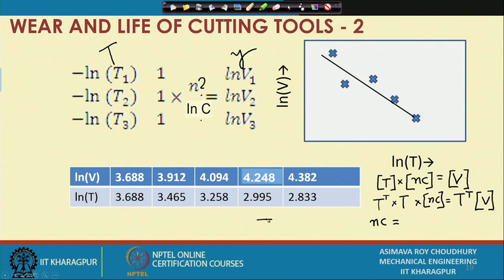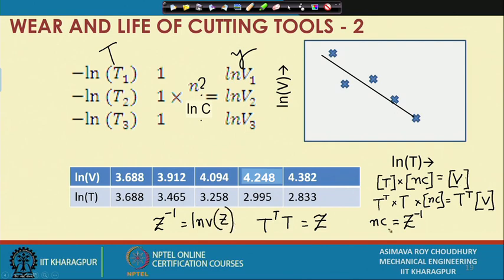Let us give a name, T transpose T is equal to, say, z. So, we write now z inverse, let us write -1, meaning the inverse of z.